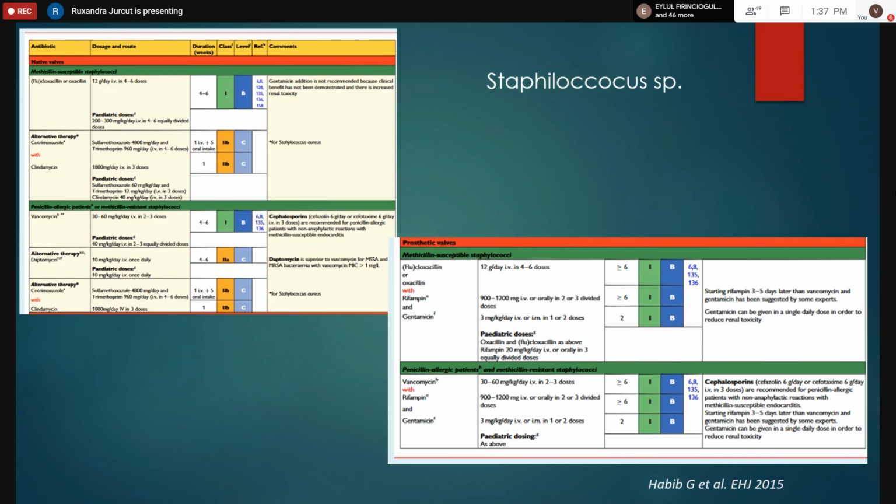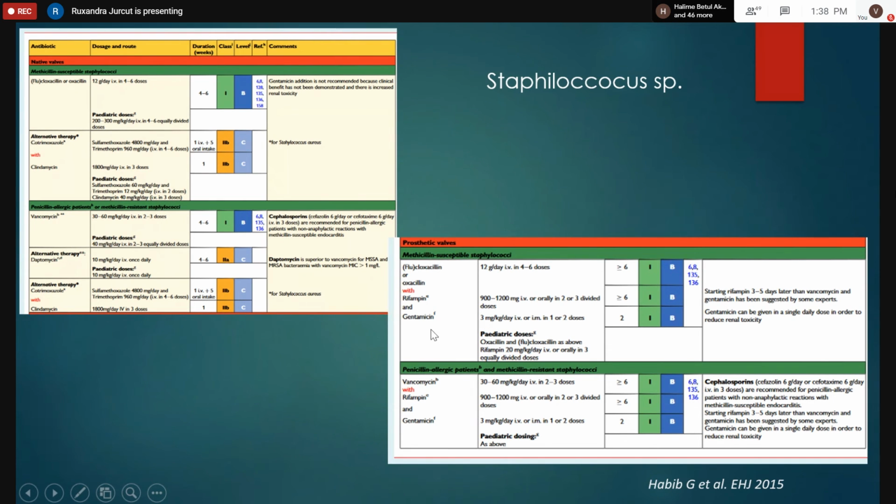For Staphylococcus, for example, we usually give around 4 to 6 weeks of oxacillin, for example, 12 grams per day, or in patients who are penicillin allergic or have what is called methicillin-resistant Staphylococcus aureus, you give vancomycin as the main therapy.